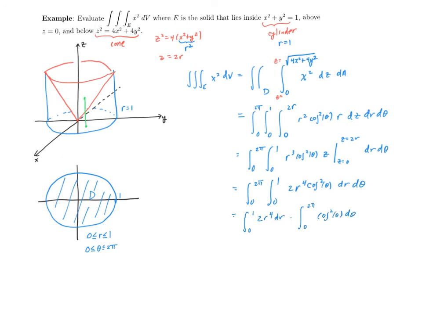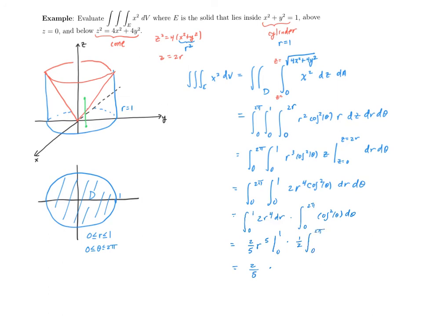Taking care of what might be the simpler one first, we would have 2/5 r to the 5th from 0 to 1, which gives us back 2/5. Secondly, to integrate cosine squared, which is something we've done several times recently and hopefully is becoming almost second nature, we rewrite it in terms of that double angle formula.